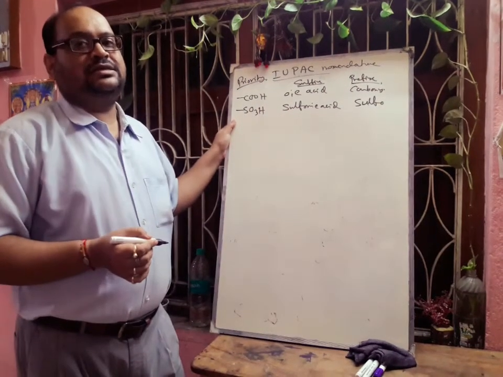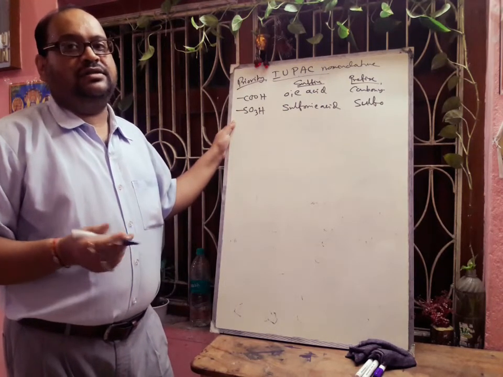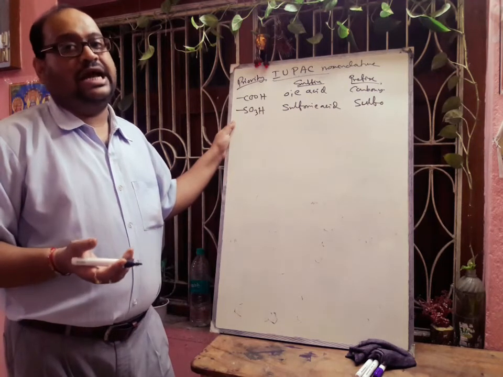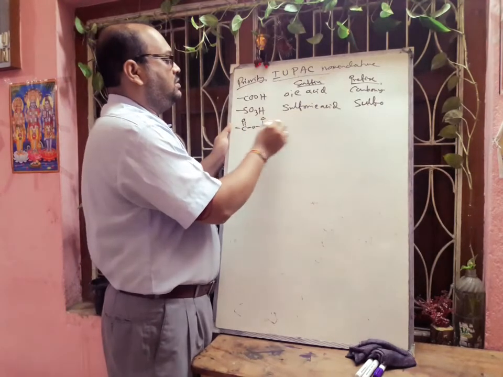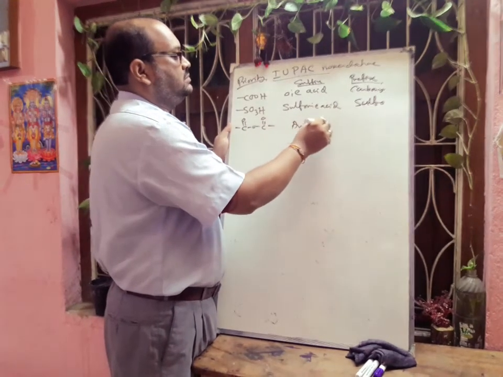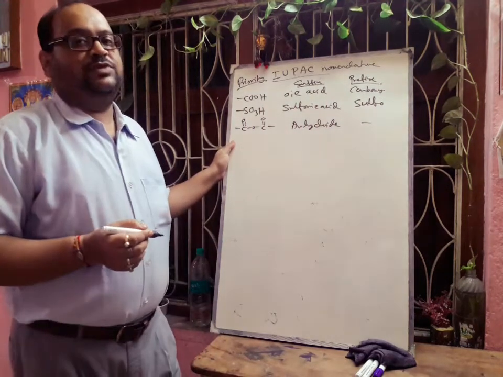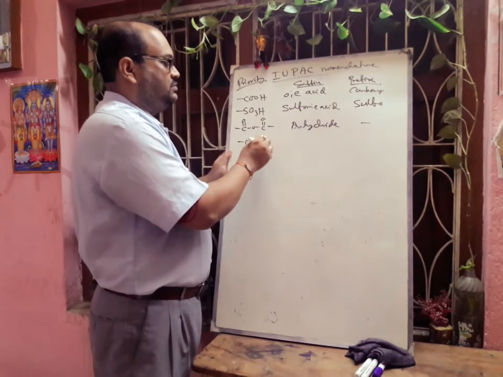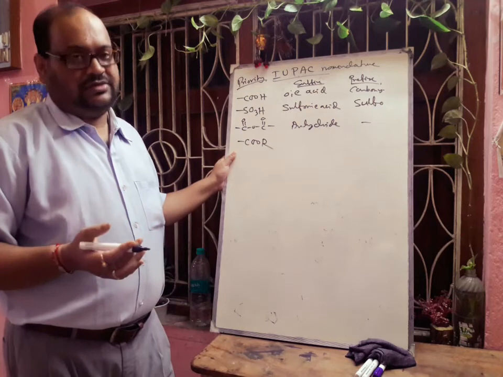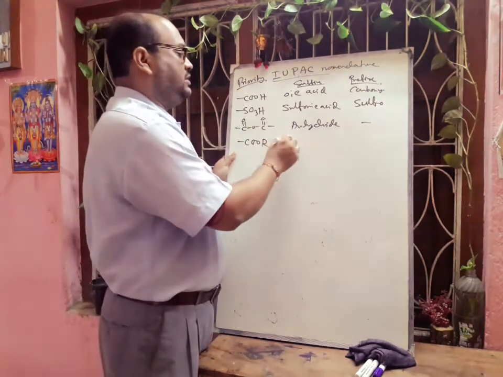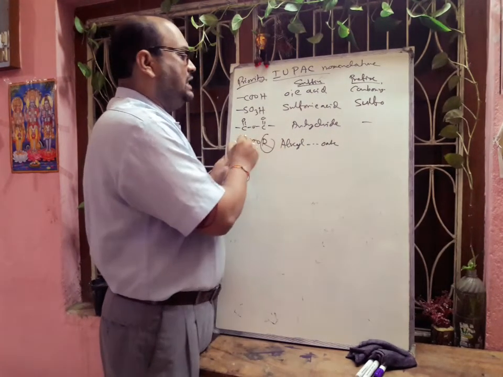Next, we will discuss the acid anhydride. Here there will be no prefix; all the time you will write anhydride. That is C double bond O, C double bond O, anhydride. And next is the position of the ester, COOR. In case of ester, the suffix will be alkyl alkanoate. This one is the alkyl, this one is the alkanoate.